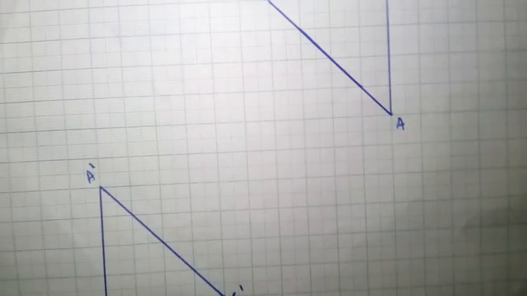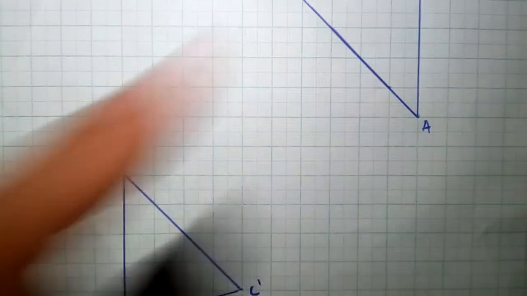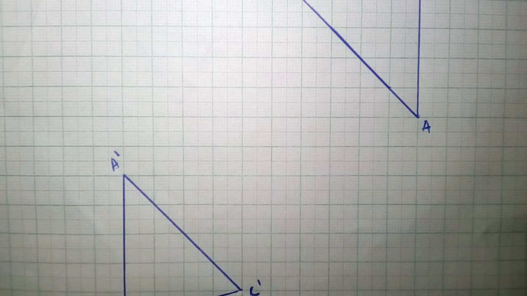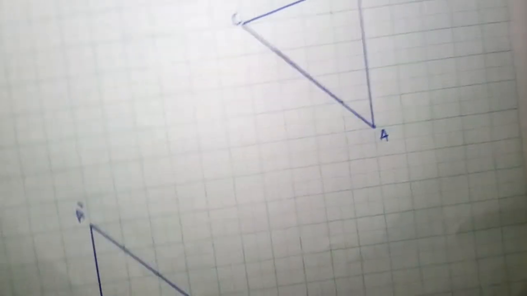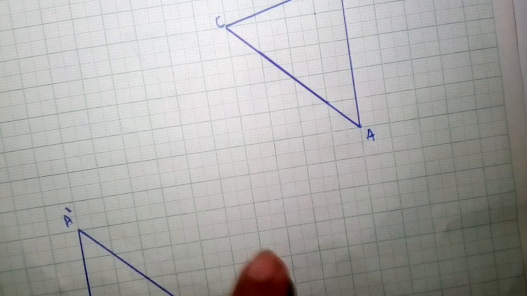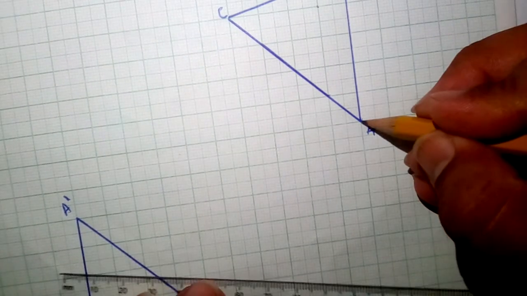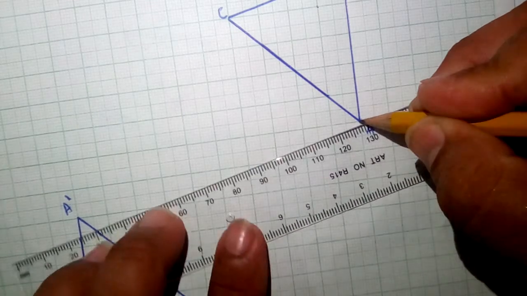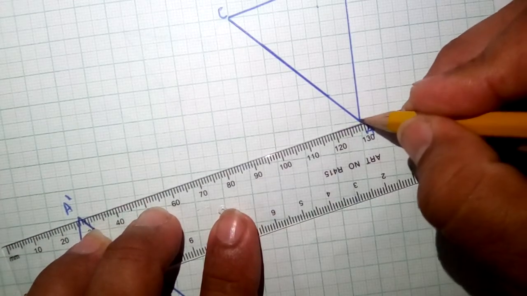Okay, so the way you're going to be doing this is, first of all, choose 2 points on this one as well as on this other one here. So let's start. The first step is to connect 2 sets of pairs with their corresponding angles or sides. We'll be taking A here and we'll be joining that with the A prime. So A with A prime.